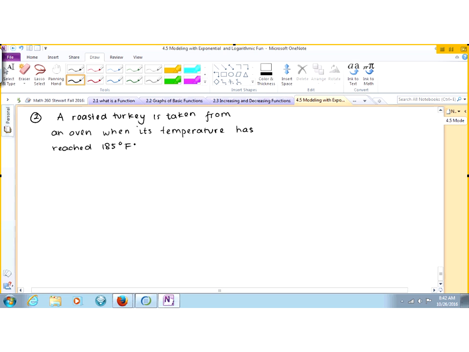Is that the temperature you guys cook your turkey? Why do they want to take it out when the temperature has reached 185 degrees? The interior temperature of the turkey, right? That means it's cooked.